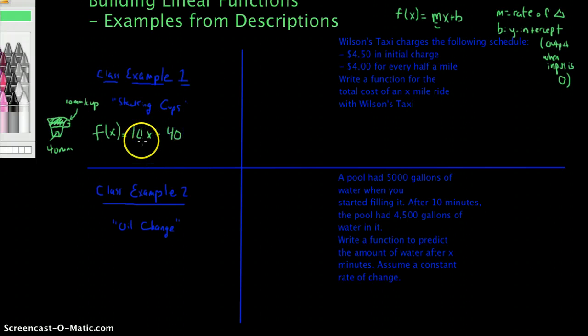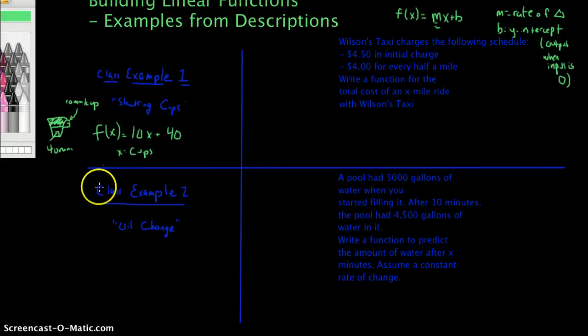This says 10 millimeters for each cup and a base of 40. So f of x is going to tell us, if we have x cups, the height of the stack.